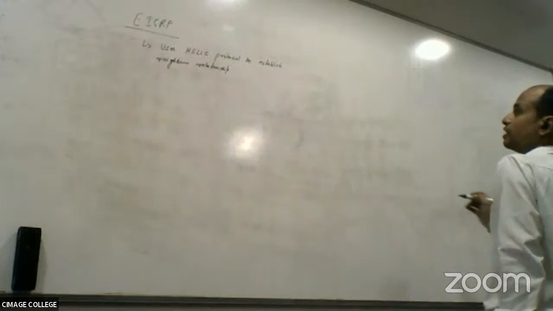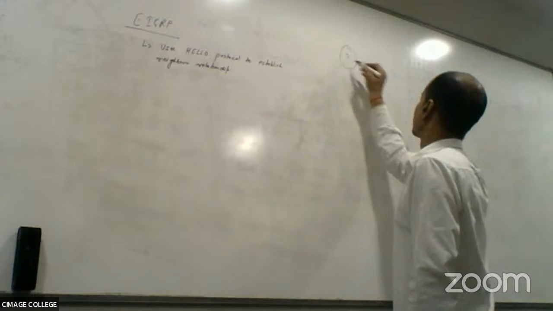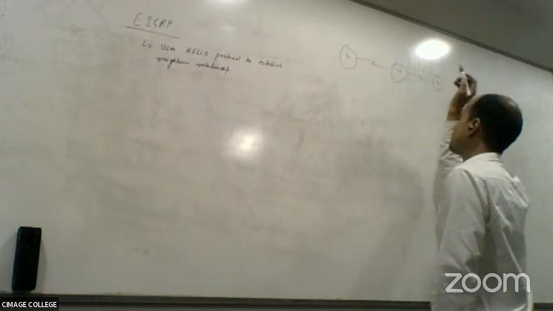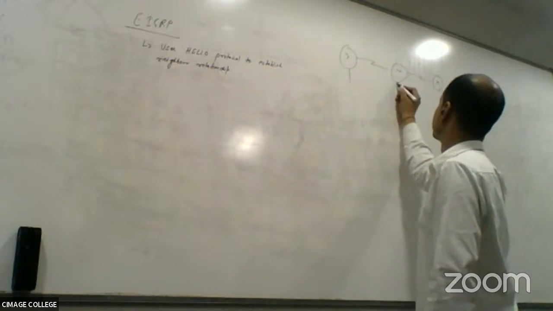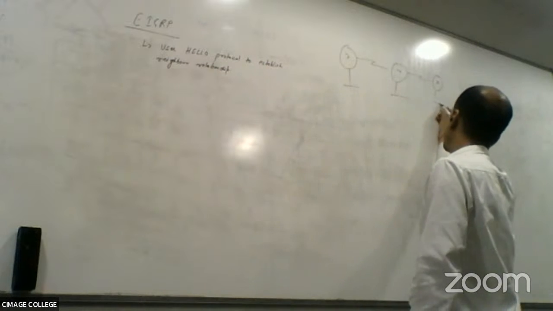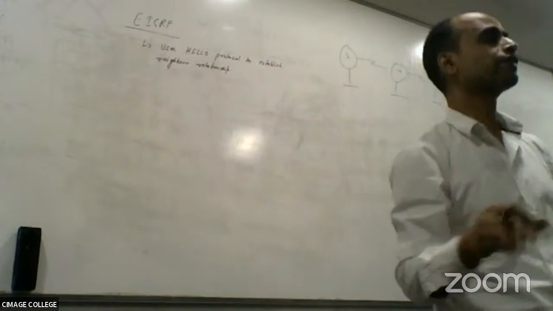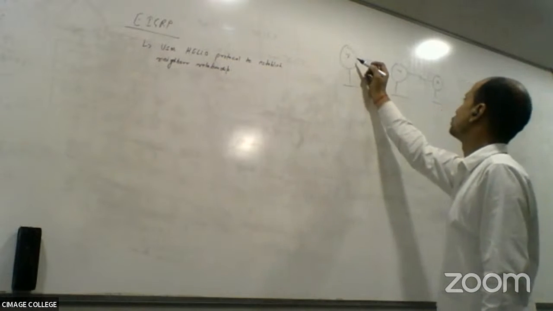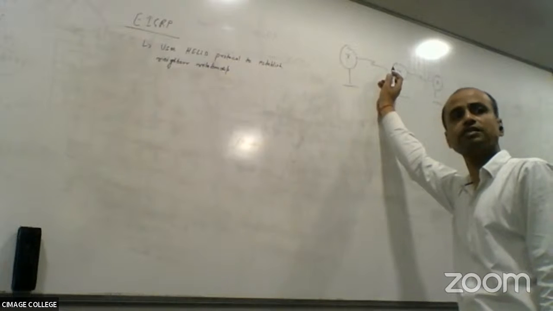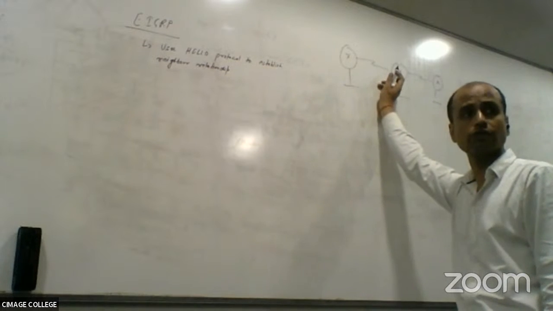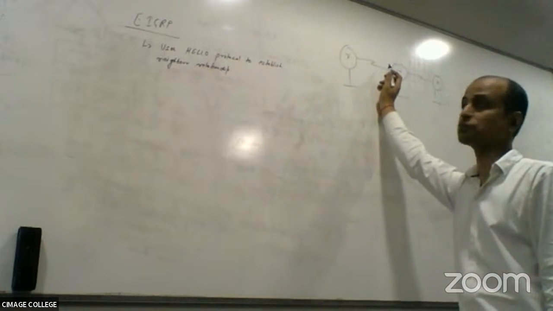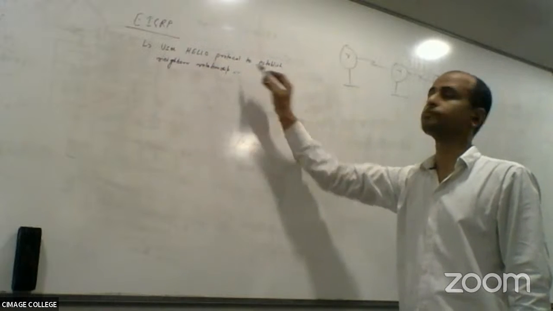Means if there is a scenario of 3 routers, same scenario I'm drawing, and at all these routers I have configured EIGRP, in that case, the first router will establish a neighbor relationship with the second router, and the second router will establish a neighbor relationship with the first and third router, and the third router will establish a relationship with the second router. For this establishment, the hello protocol is used.